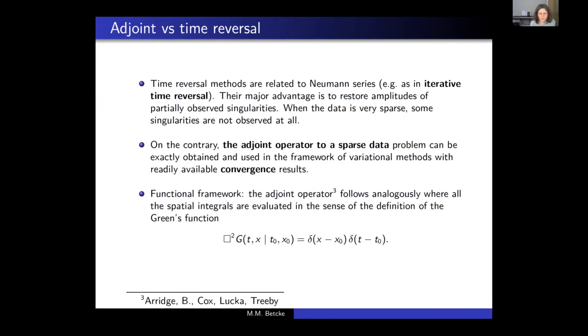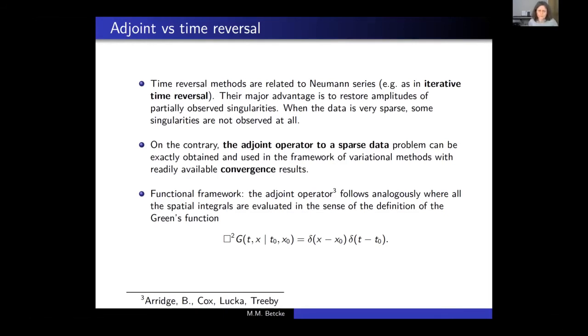In contrast, when we have very sparsely sampled data, most of the singularity is actually not observed at all, so there's no pressure to restore. In this case, we are interested in using a variational formulation and filling in this information that we haven't sampled, using some kind of regularization.